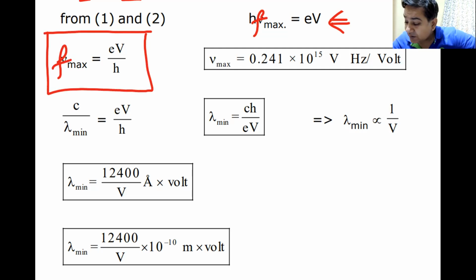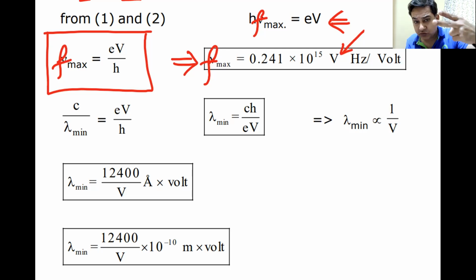And this is the formula that comes when you put the values of e, because e is the charge of an electron, and h, because h is the Planck's constant. Here you just need to put the value of V and you will get the maximum possible frequency of the X-ray. Now you have two choices.